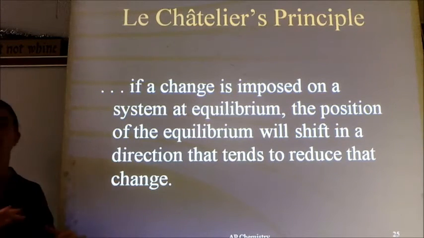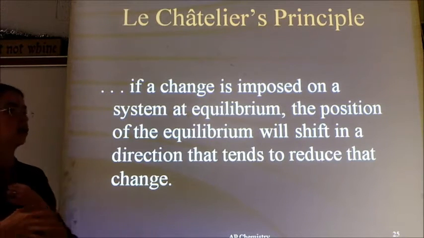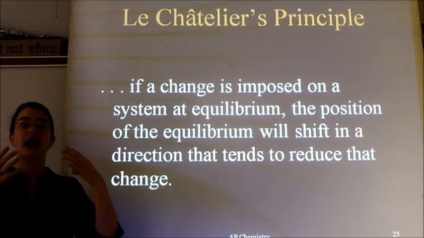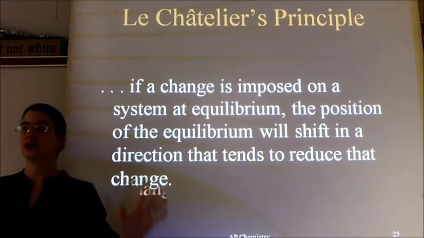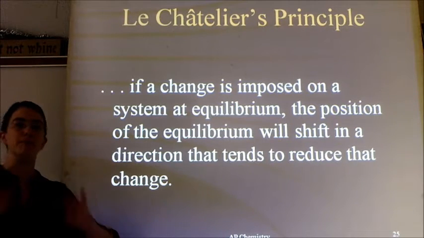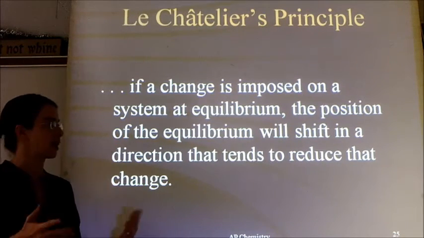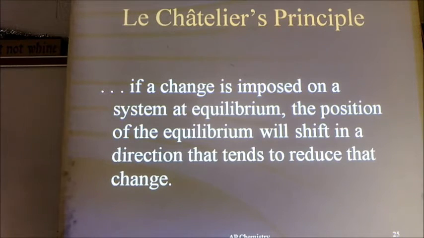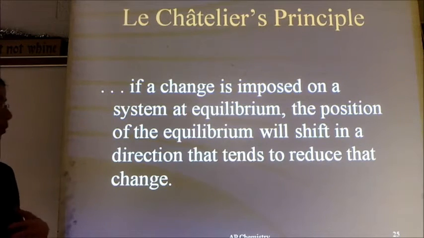Le Chatelier's principle says if you have a reaction that is at equilibrium, like in its happy place, and you come along and mess up that equilibrium system somehow, it will no longer be at equilibrium, but it will eventually get back to it. And the way that it will get back to it is by shifting either to the right or the left.